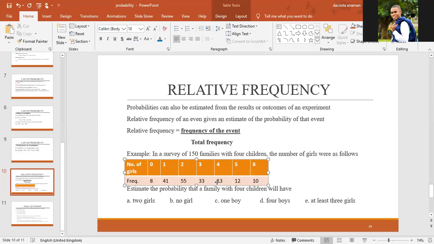Is that okay? So 3 or more, that is from 3 upwards. So you add all of this, then you divide by what? 150. You add 33, 13, 12, and 10, and you divide by 150. Is that okay?